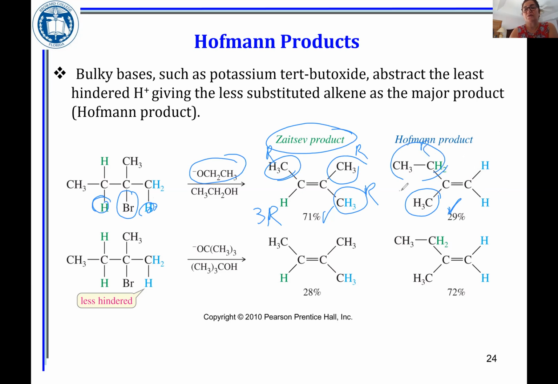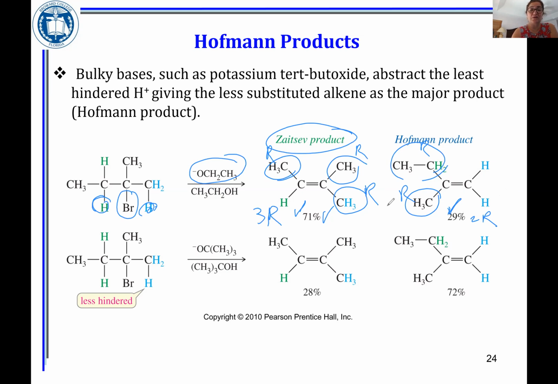So we have 2R groups here. This is the most substituted alkene, 3R, versus the least substituted alkene. So when you have these two choices, which one would be your major product?